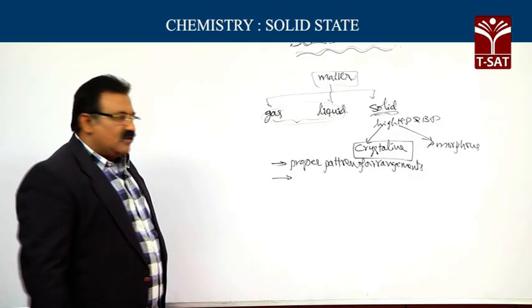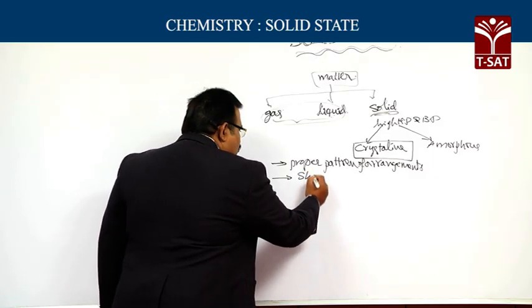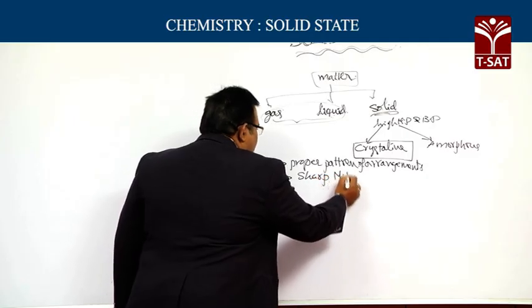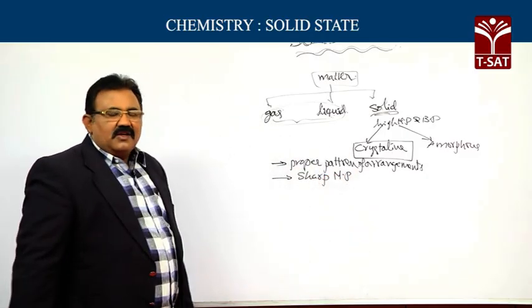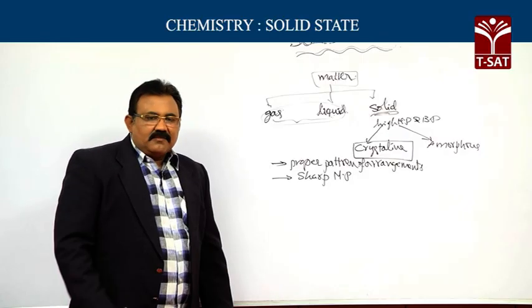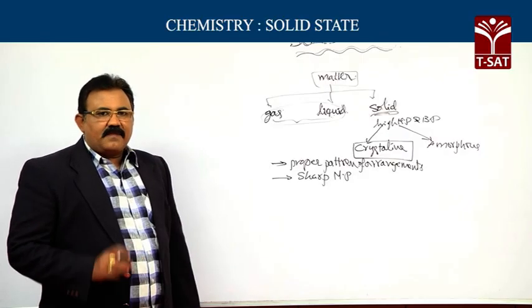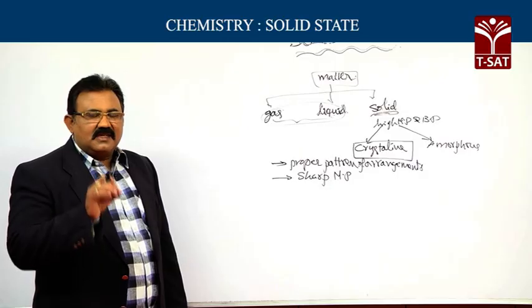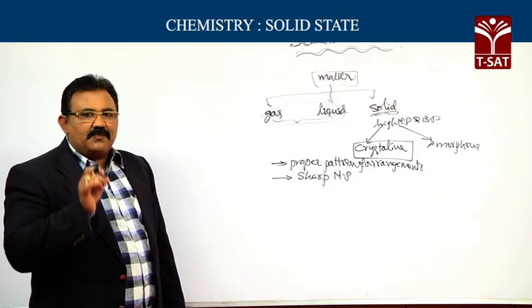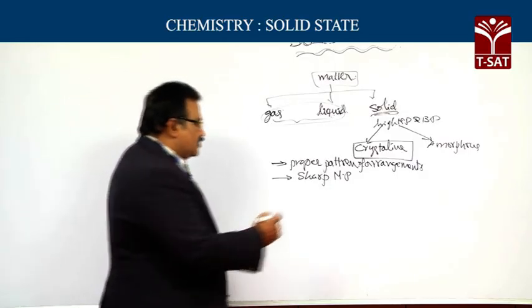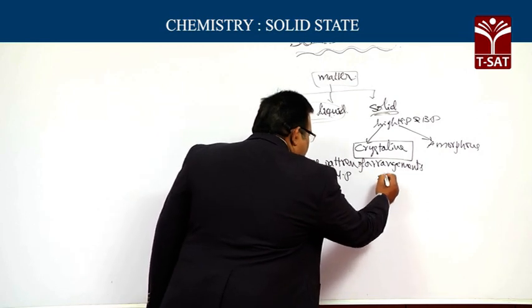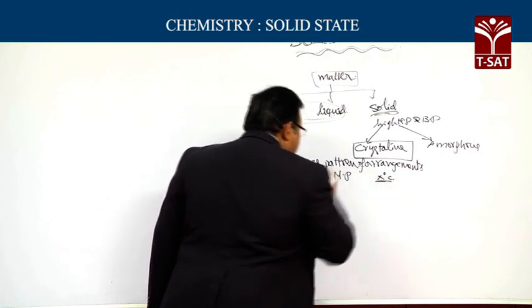Crystalline solids have a sharp melting point. If you heat a crystal, then it melts at a particular sharp point, say for instance at x degrees centigrade.